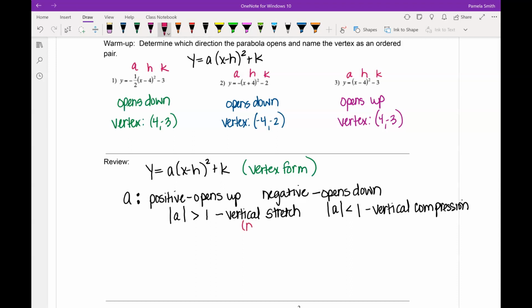And stretch just means it's going to be narrower because it's growing at a faster rate of pace. Compression means it's going to be wider because it's growing at a slower rate of pace.